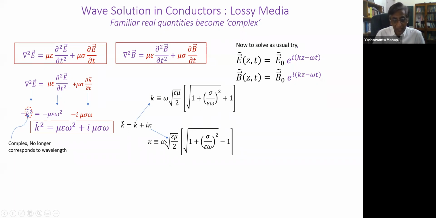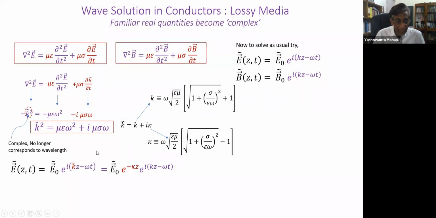Otherwise, it's written in terms of something like k equals omega by c. So what c is now, the velocity, is a lot more complicated. And hence I can write down e to the i k tilde z, this is k complex. But if this k is complex, then there is this k here and this kappa here.